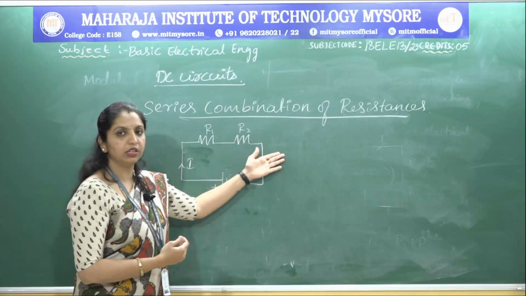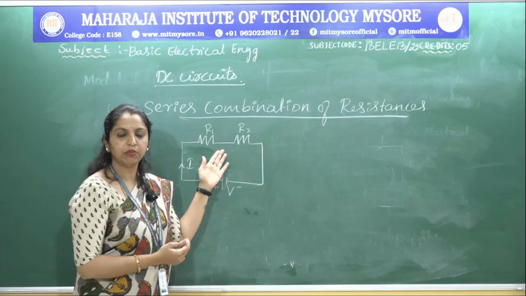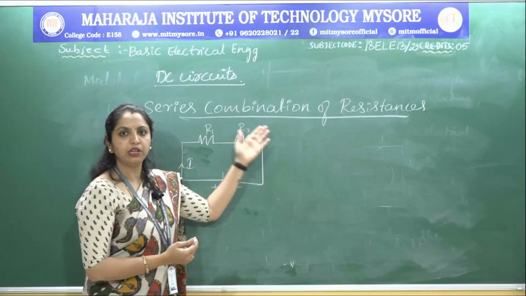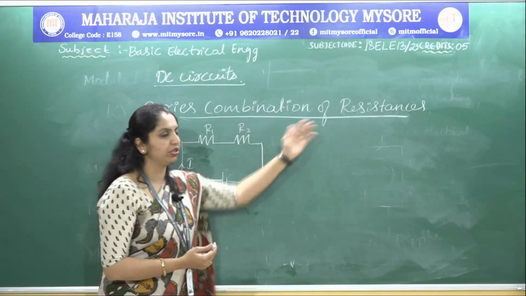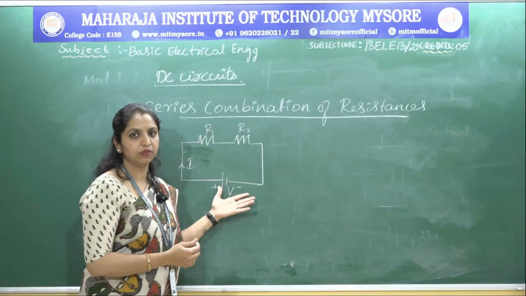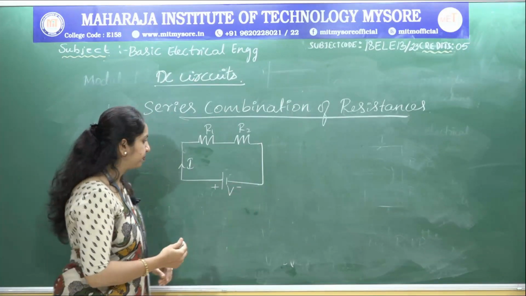In this example I have taken only 2 resistors, but similarly you can have any number of resistors in series. How we are going to analyze this kind of circuit, I will be explaining.